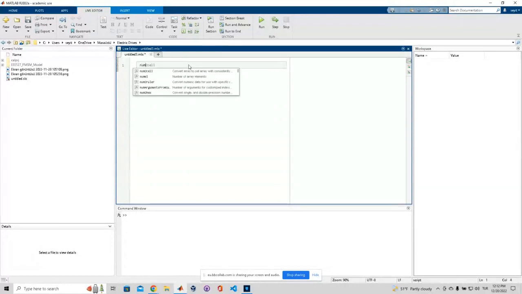Okay, let's define our system first. So for the root locus, we just use the rlocus function. This function will find the root locus of your system.